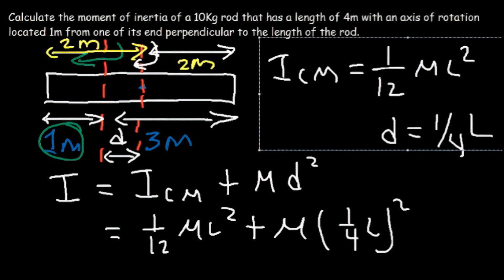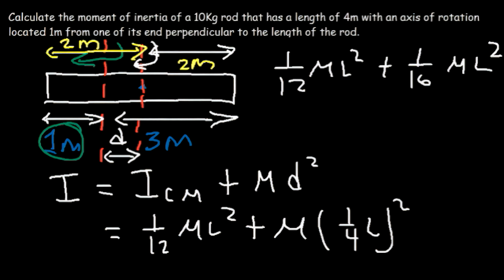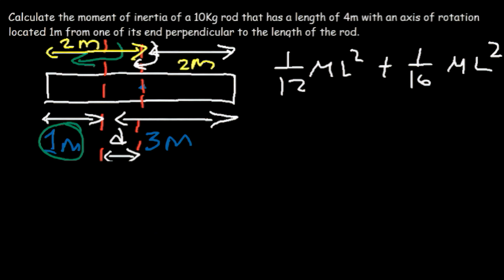1/4 squared is 1/16. So what we have is 1/12 plus 1/16. So let's get common denominators. The common denominator between 12 and 16 is 48.